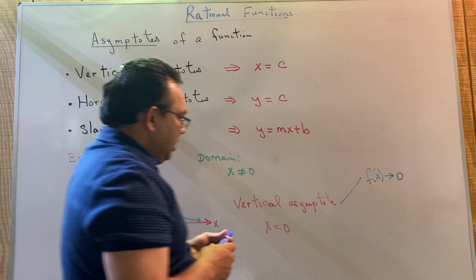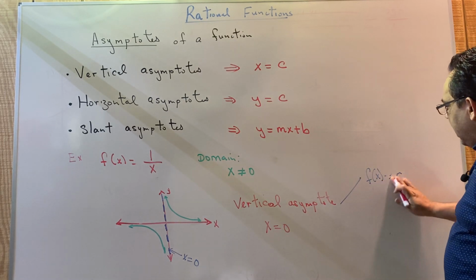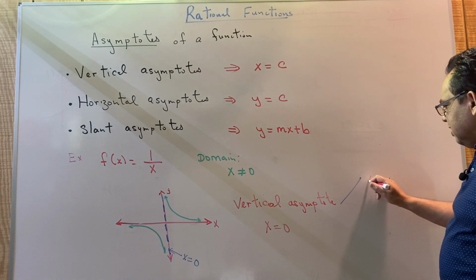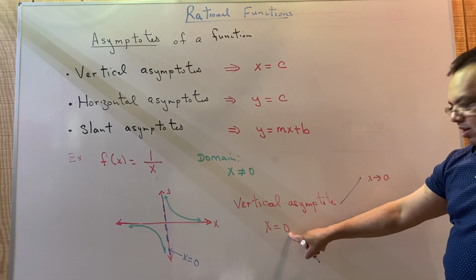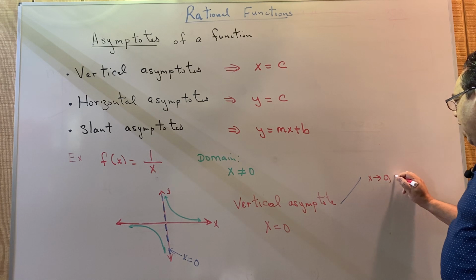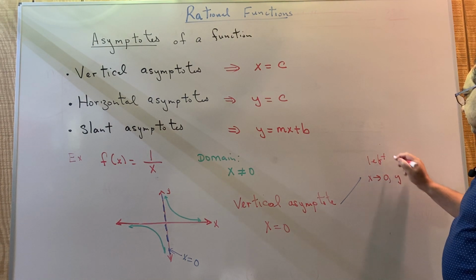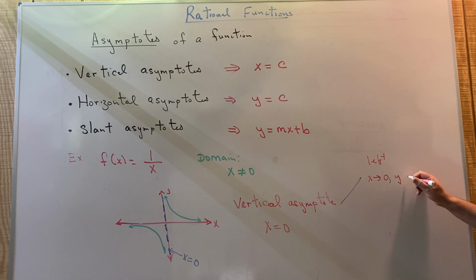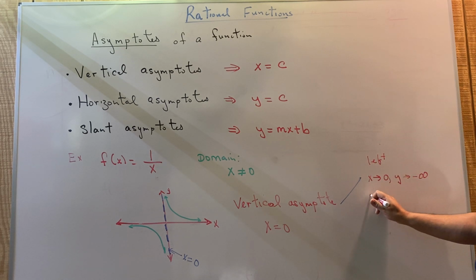So what we can say here is that y is not approaching 0. As x approaches 0 from the left, the y value is approaching negative infinity. How do you write it? You don't have to write left.